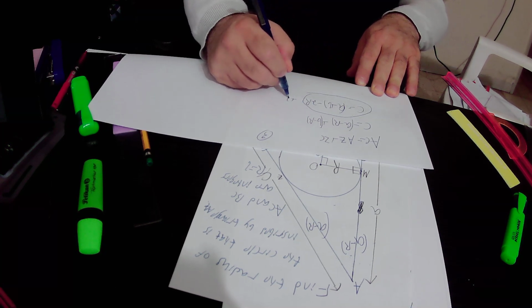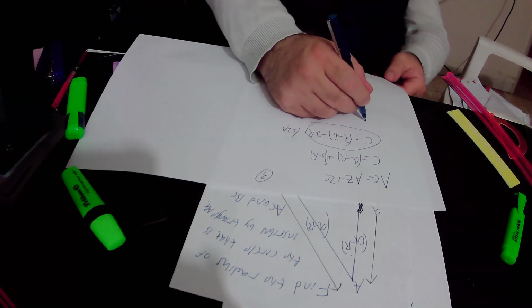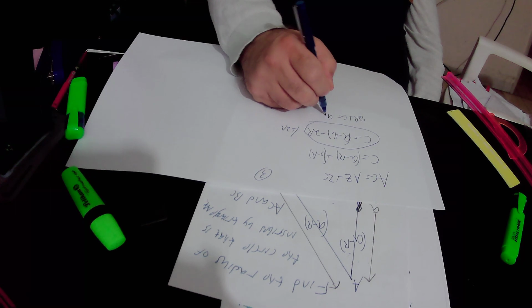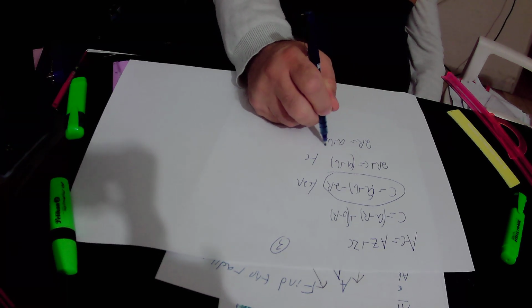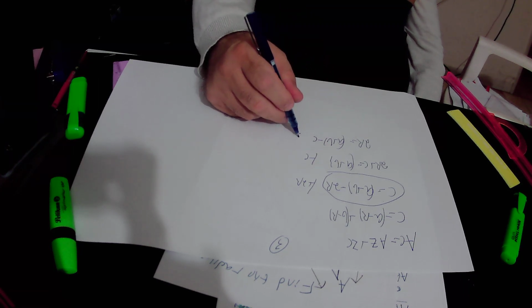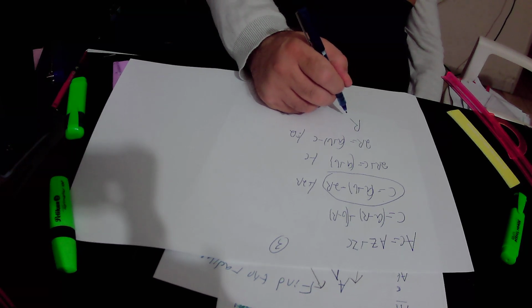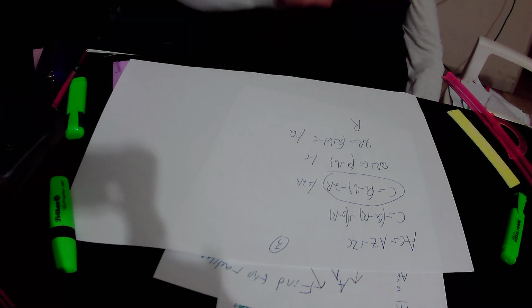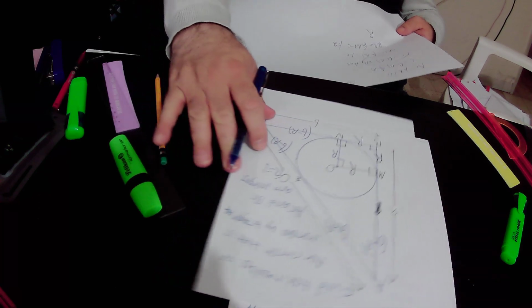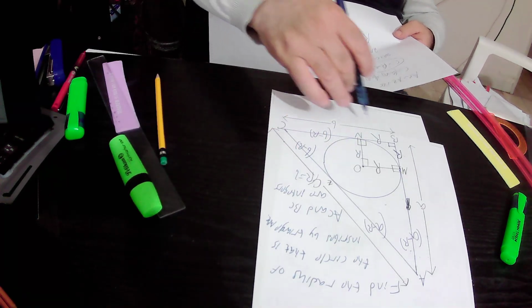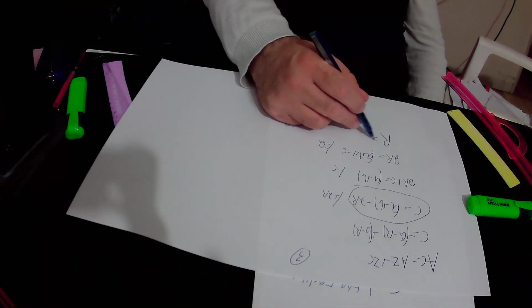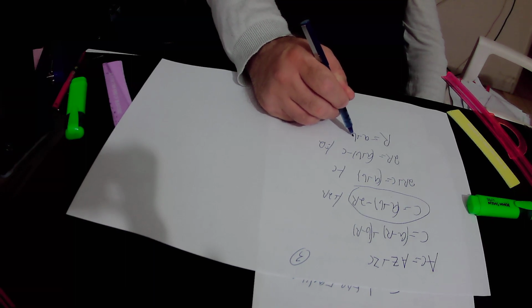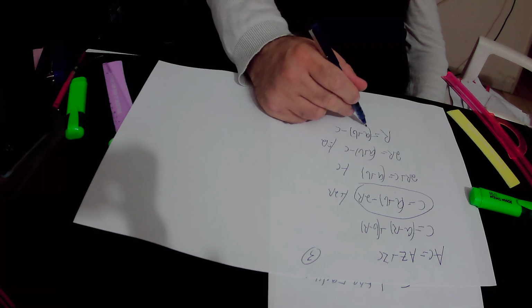Here we add 2R to this equation, and we get 2R plus C equals A plus B. Then we subtract C, and we get 2R equals A plus B minus C. Dividing by 2, the radius of the circle inscribed in the right triangle ABC equals the sum of its perpendiculars, A plus B, minus the hypotenuse C, over 2.